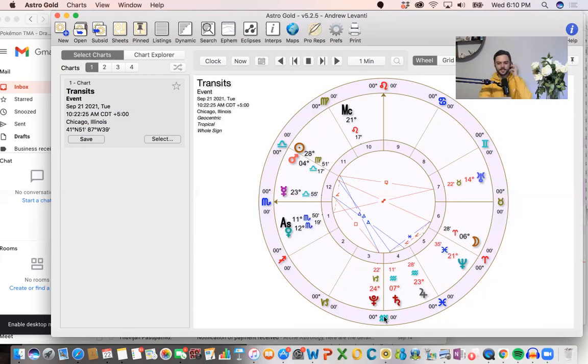We have malefics here in the 4th and the 12th, which are both rather private, intimate places. And so in terms of that destruction, we can think about this in terms of a building, right? But what about your house, your temple, your body, and the mind that you carry within it?